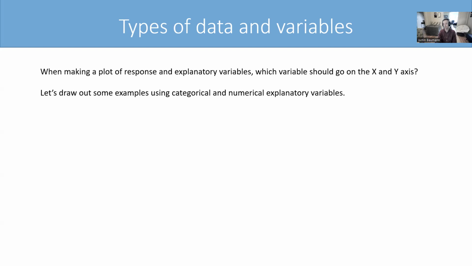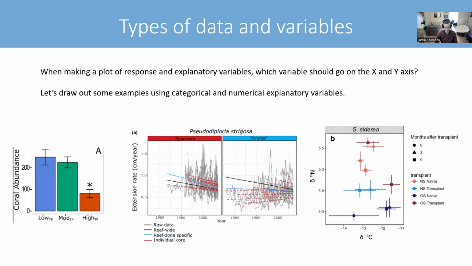Here are some real examples from 3 different real papers that I have published. Later on in the semester, you're going to learn that bar graphs are not appropriate for this specific use case, and you're going to learn why. But for now, let's just look. First thing we see on the left, I'm measuring the abundance of different corals at different sites, and the different site types are classified by the color and also by the X-axis grouping.